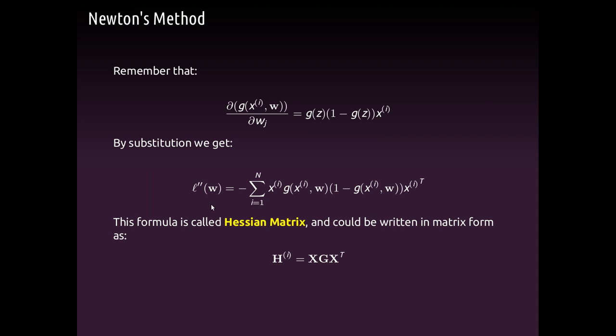And this formula that you are seeing here is called the Hessian or the Hessian matrix, and we can write it into a more compact, matrix form like this.